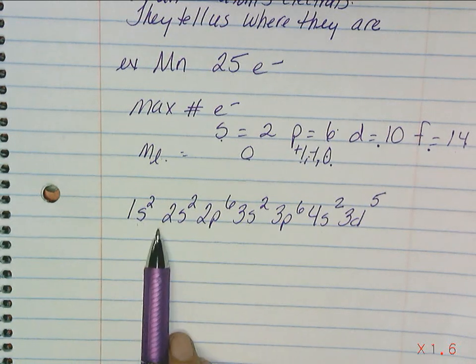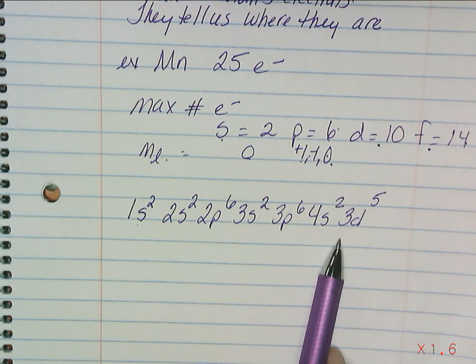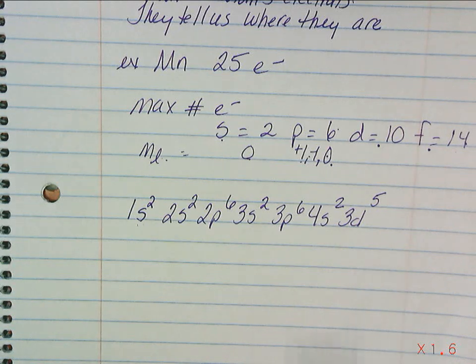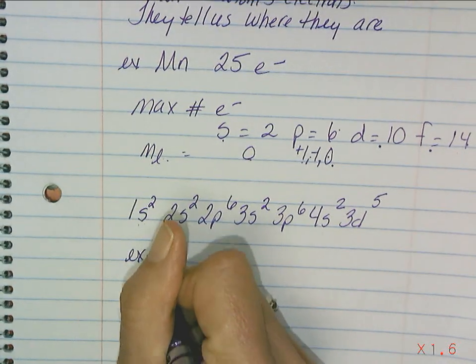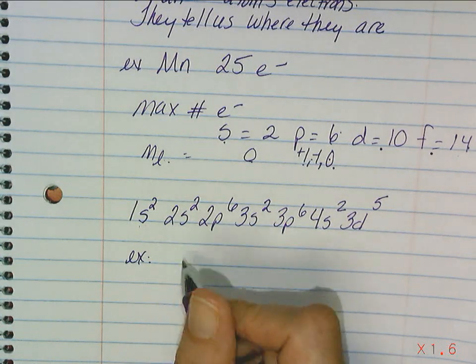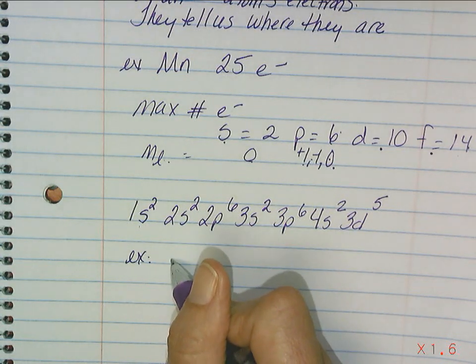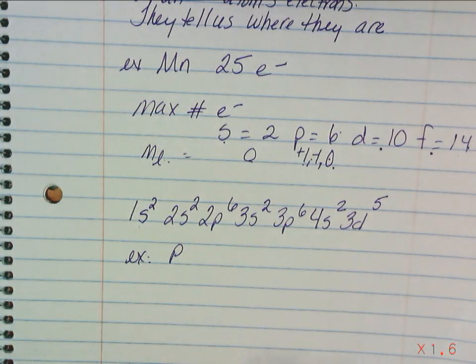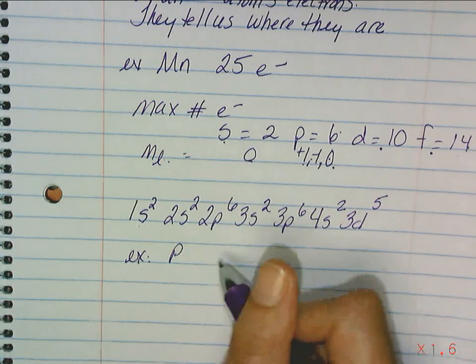And I bet you saw something like this when you did your element project. Okay, I'm going to do another example. I'll do a shorter one this time. Let's do phosphorus. How many electrons does phosphorus have? 15.